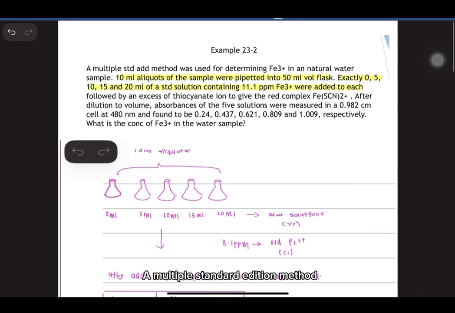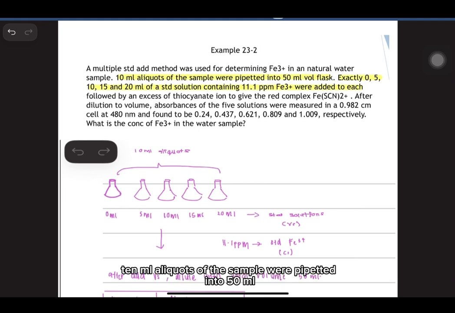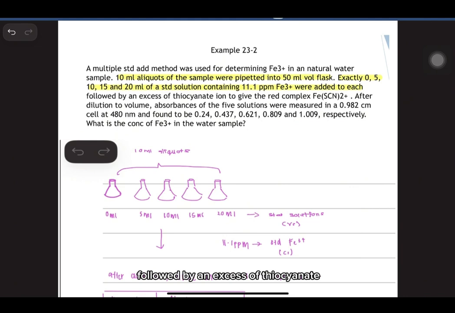Based on this question, a multiple standard addition method was used for determining Fe3+ ion in a natural water sample. 10 ml aliquots of the sample were pipetted into 50 ml volumetric flasks, and exactly 0, 5, 10, 15, and 20 ml of a standard solution containing 11.1 ppm Fe3+ ion were added to each, followed by an excess of thiocyanate ion to give the red complex ion.